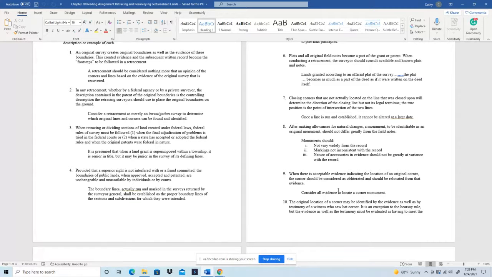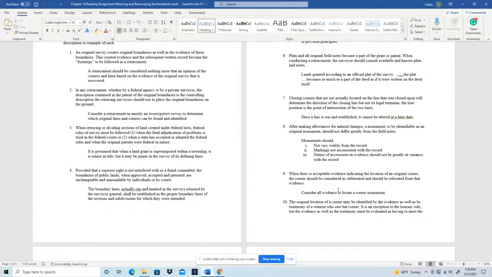They will determine its legal terminus. The true position is the point of intersection of the two lines. So I guess they're saying, if it's a deed and you start and come all the way around, you would extend them, kind of like we do a fillet. So it's going to be where the two lines intersect.